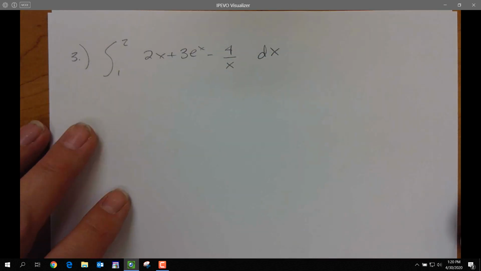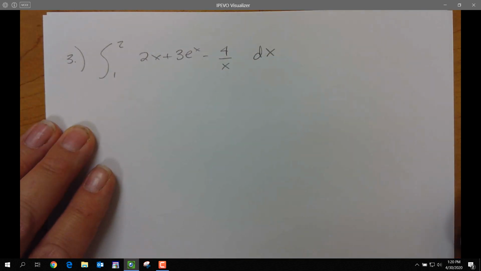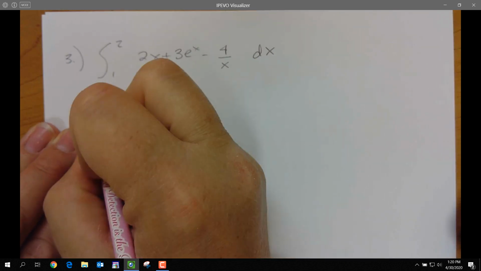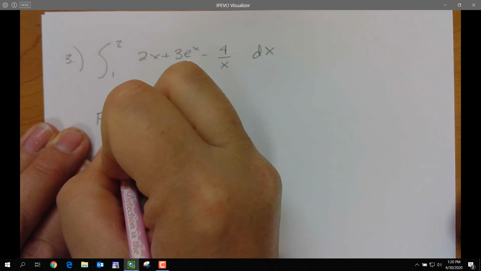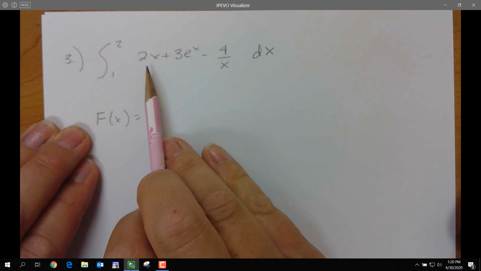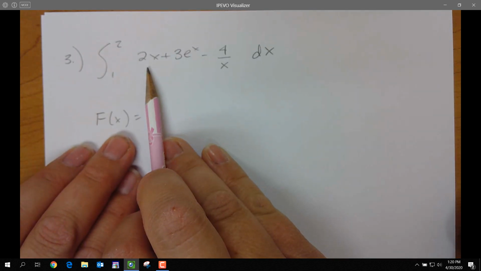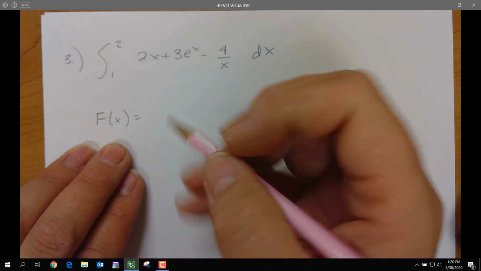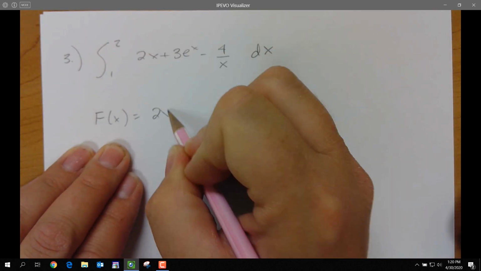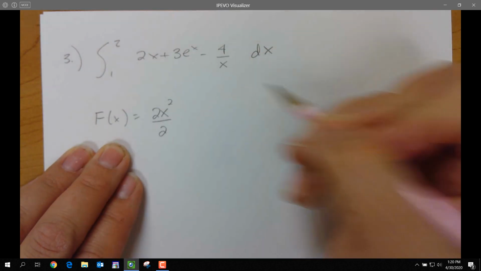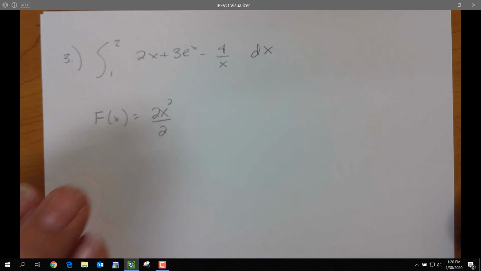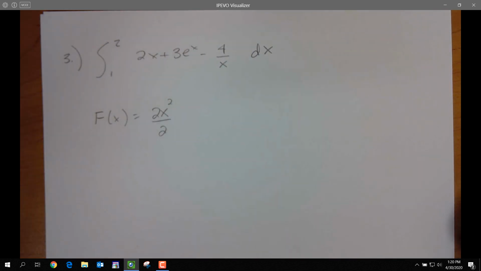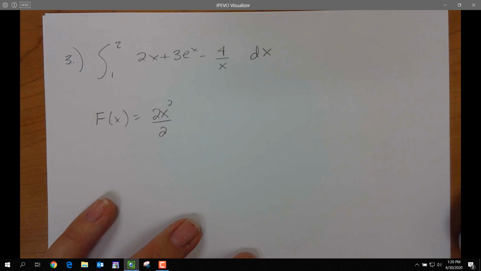So if we look at this one, when we go to find that capital F, okay, what's the derivative of 2x? Excuse me, antiderivative. Yeah, it's going to be 2x squared divided by 2. We'll simplify in a minute. We just want to get the main idea down, and then we'll simplify.